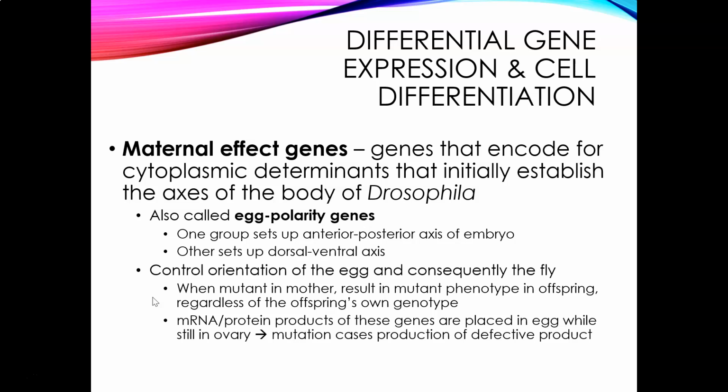And this really comes down to the fact that those mRNAs, those protein products, these are those cytoplasmic determinants, are products of the gene that are placed in the egg while they're still in the ovary. So the mutation is defective in that product, and it's that product that ends up determining these axial directions, not a result of what happens once dad's genetic information gets dropped off and then we express that information.